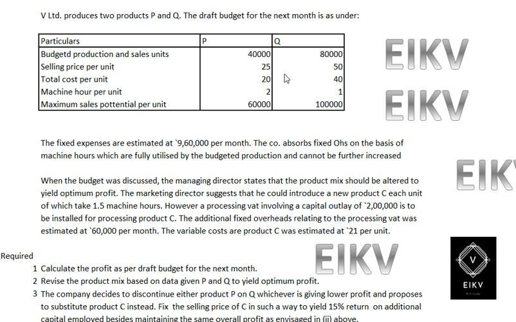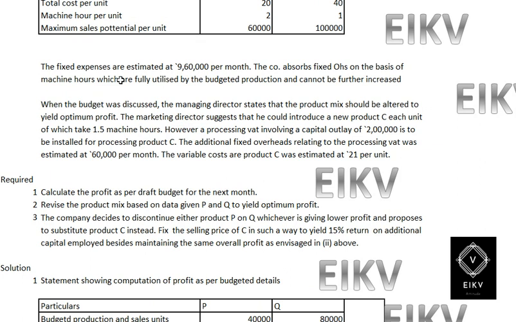Total cost per unit is 20 and 40. Machine hour per unit is 2 and 1. Maximum sales potential per month is 60,000 and 1 lakh units. After that, they have given some other details.